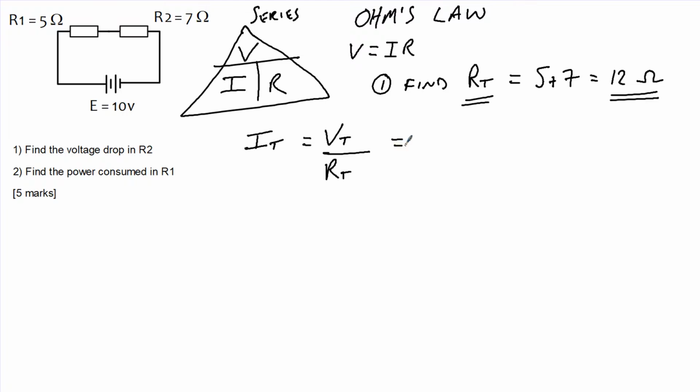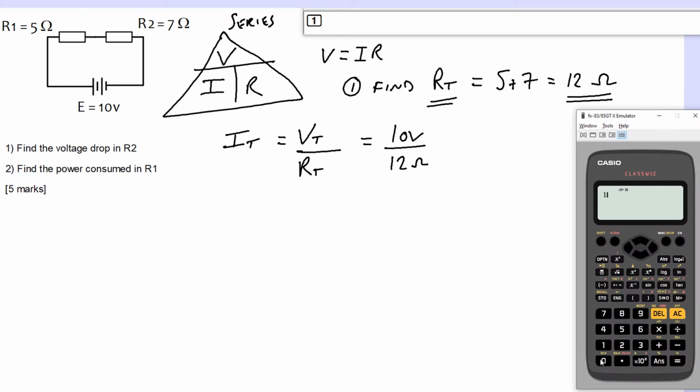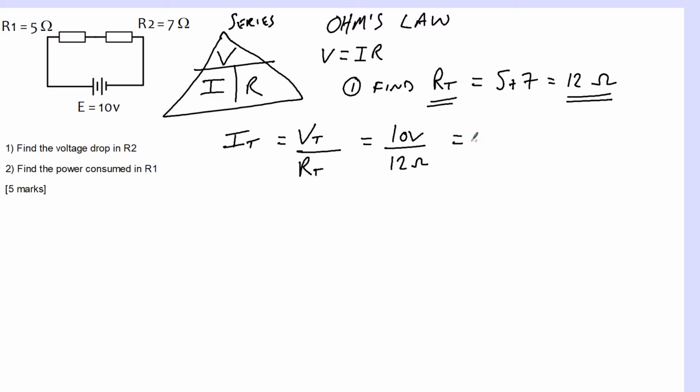So the total current is equal to 10 volts divided by 12 ohms, which is the combination of the two series resistors. 10 divided by 12 is equal to 5/6 or 0.83 recurring amps. So the 3 goes on forever. You can put amps or you can put capital A for amps.